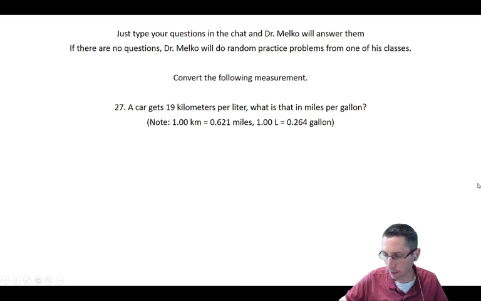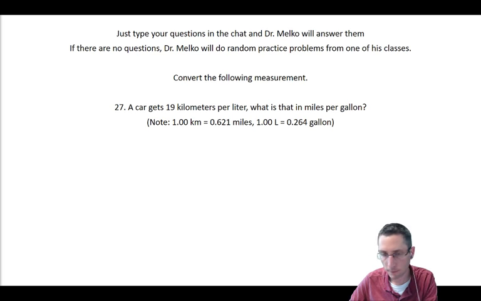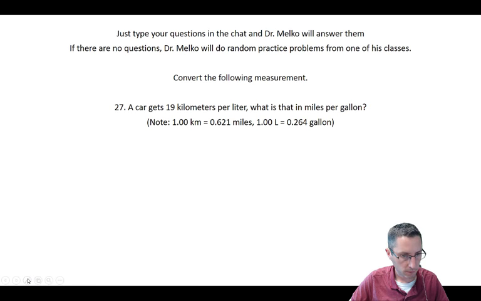I'll show you another quick way that some people prefer, just to show something different. I don't know if I'll be able to do it really cleanly on here. But again, we have 19 kilometers per liter.